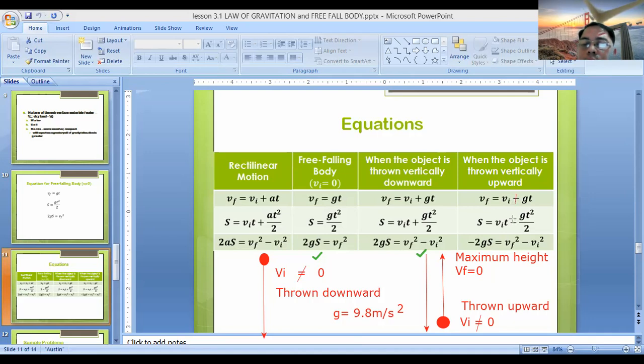And I want you to note it down. So all the values here will remain the same. From the left to the right side, we will not change our equation. However, what we will change is our value of gravity g, which we will always assign as negative. So the value of g is the one that we will make negative every time.